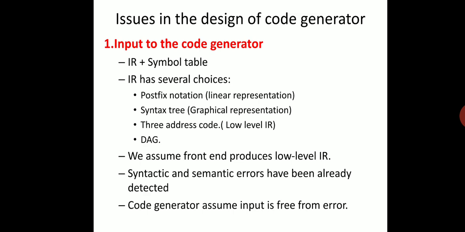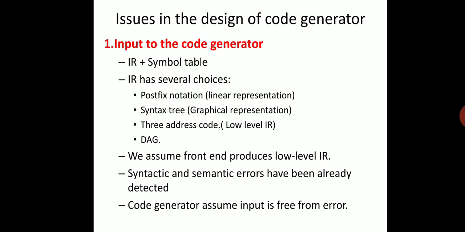Okay, so we assume the front end produces low level IR, that is the 3 address code, because the 3 address code is the optimized code. If we go for syntax tree or postfix notation, then we may not get the optimized intermediate code.